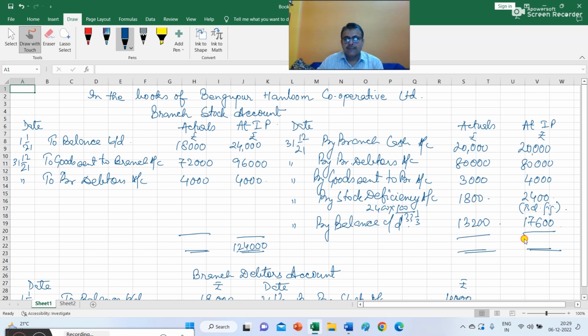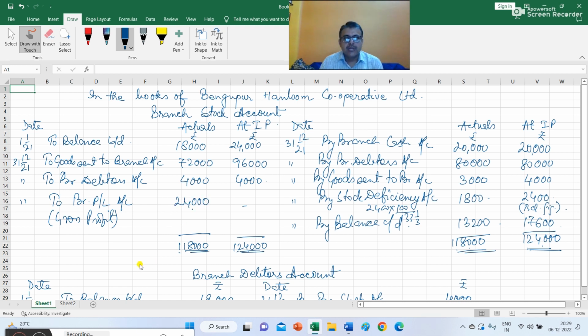So the sum total of the credit side at actuals is 1,18,000, and you will get a balancing figure on the debit side. This is basically the gross profit, and I have to transfer this figure to branch profit and loss account, and this is 24,000.